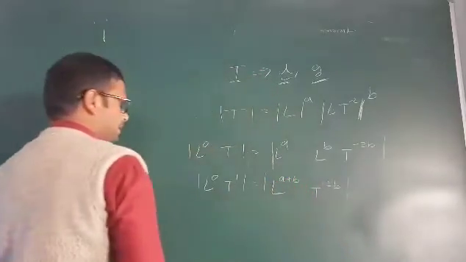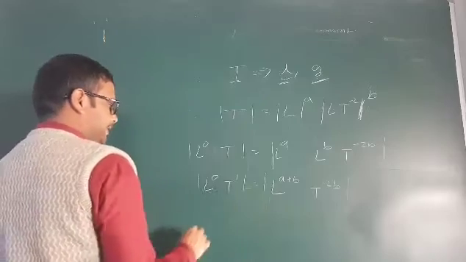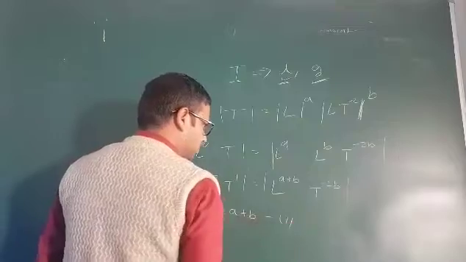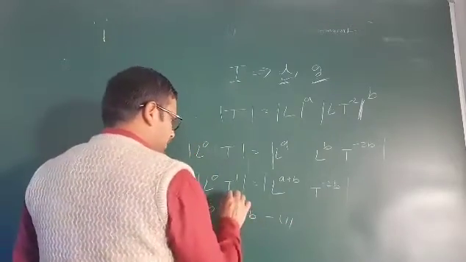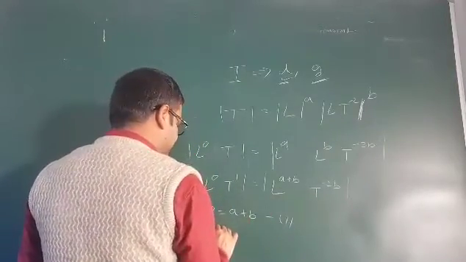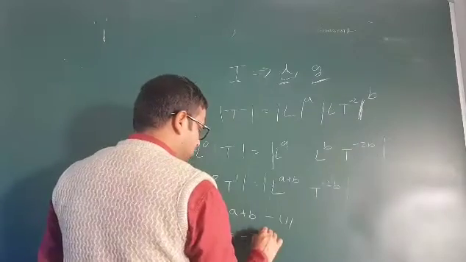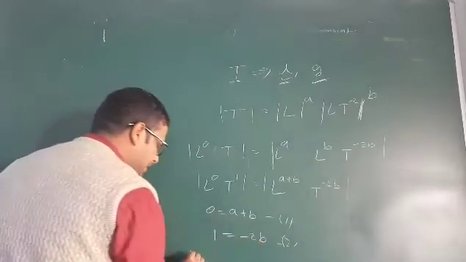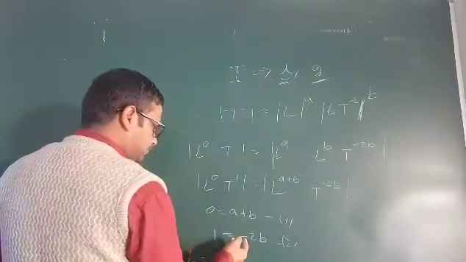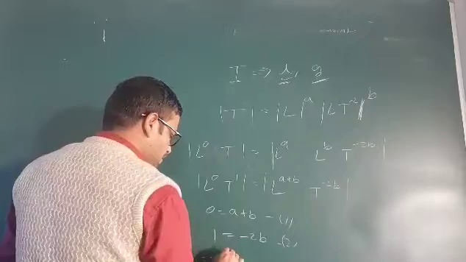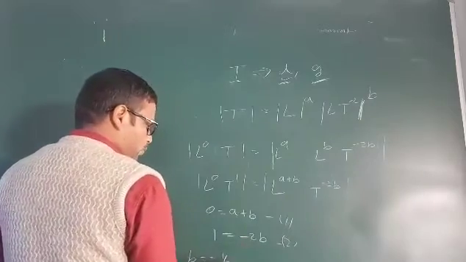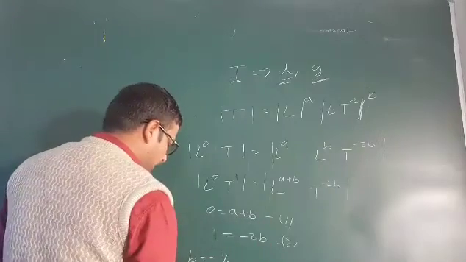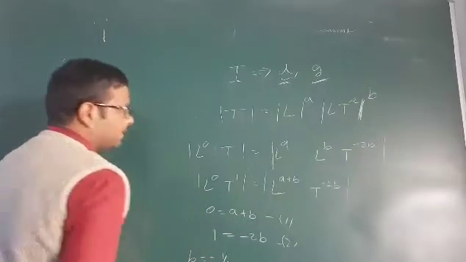Now just compare the dimensions of both sides. So 0 equals a plus b, equation number 1. And second, compare the dimension of T: 1 equals minus 2b, equation number 2. What is the value of b? So b will become minus 1 by 2. When you put this value in equation number 1, a will become 1 by 2.